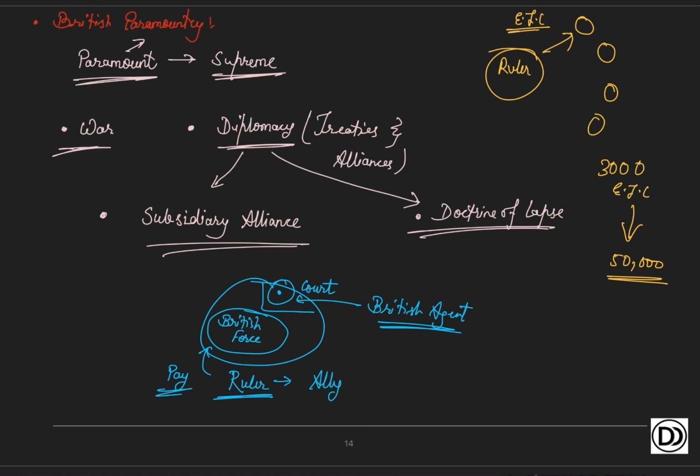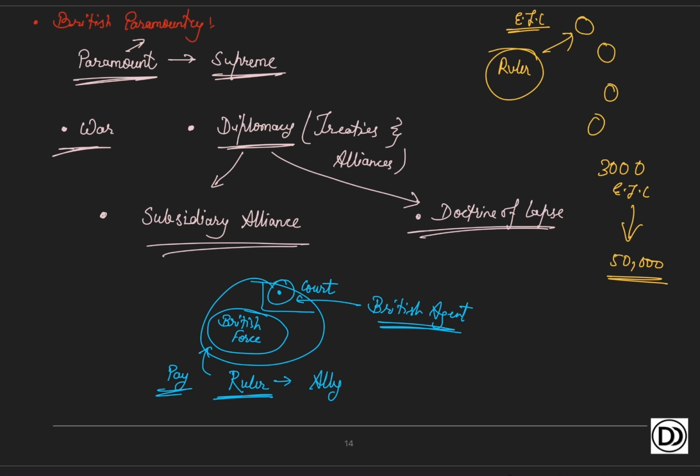So these numbers were impressive for any king or any ruler who is in the midst of a war with another ruler. So these rulers naturally used to ask for the help of the East India Company or British force, or whenever the British or East India Company used to present themselves to the ruler and offer a helping hand, it was very hard to reject this offer.